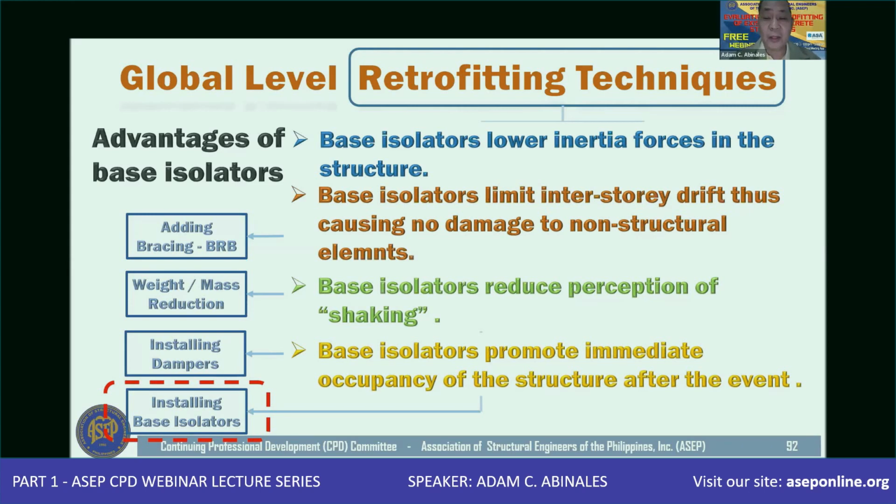Everyone felt the earthquake, but those people in that building with base isolators didn't feel the ground shaking, because that is the perception. Base isolators promote immediate occupancy of the structure after the event.